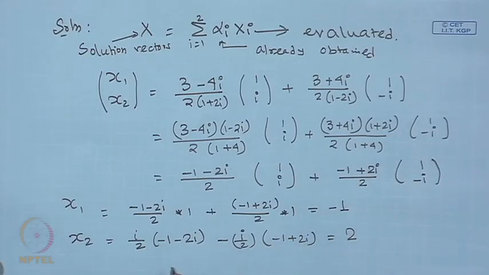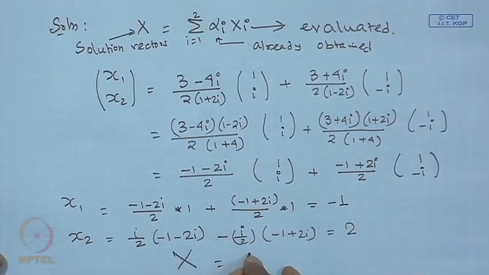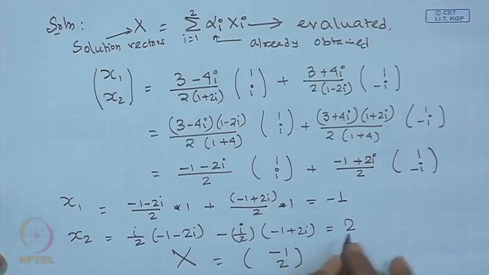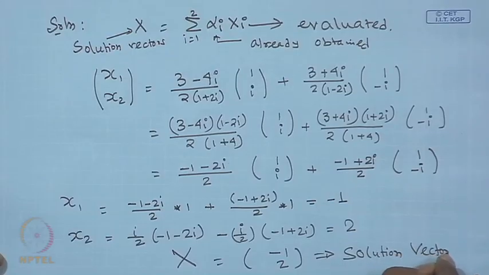So, minus 1 and 2 is the solution vector for this particular problem, and you can see that although the eigenvalues are not real, they are imaginary, the solution is a real solution.